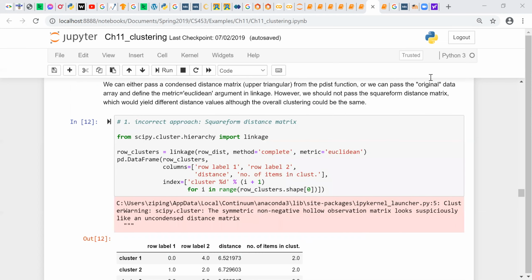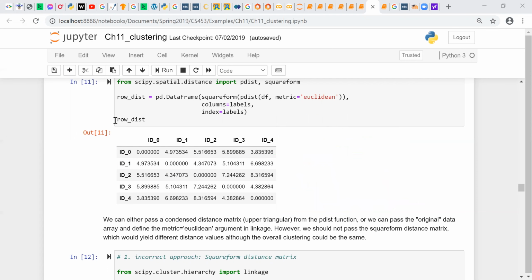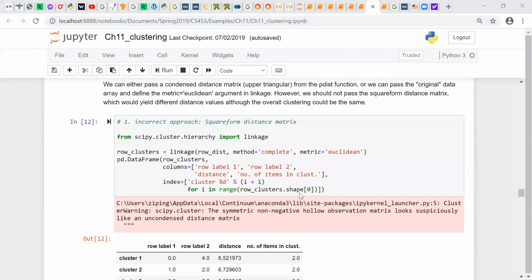Then for this, we come up with the raw distance calculation based on the data frame. This is not from sklearn, this is from SciPy. It has a hierarchy module, and you import linkage.